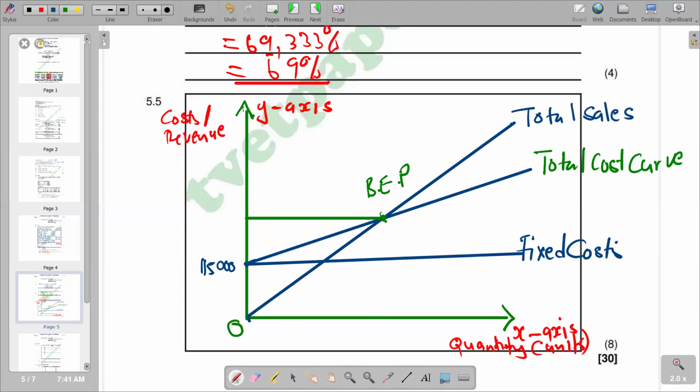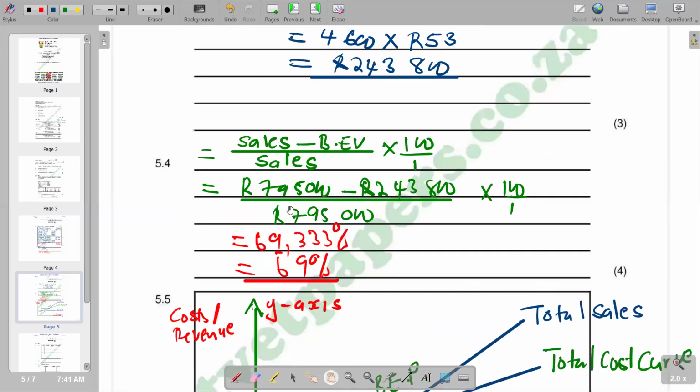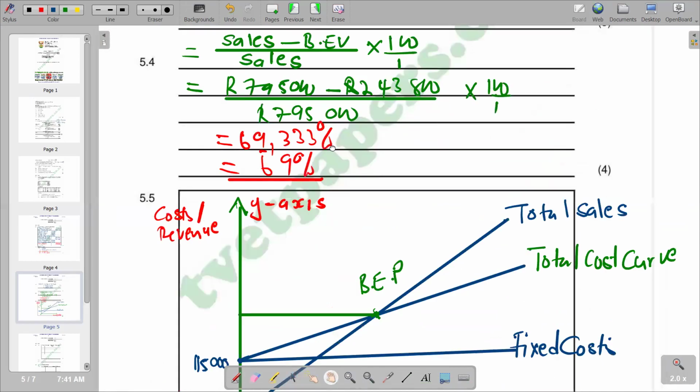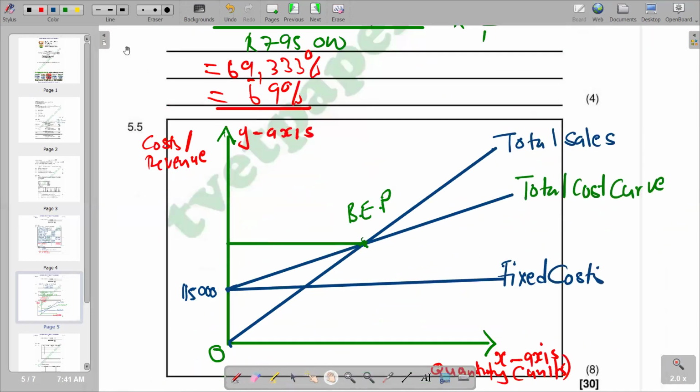And remember, we calculated this break-even value, and the figure that we got as break-even value is 243,800.